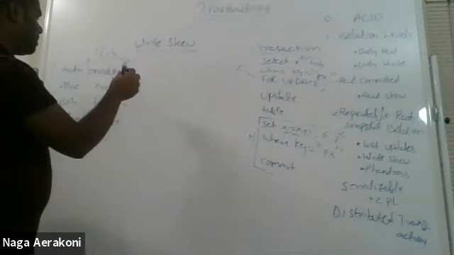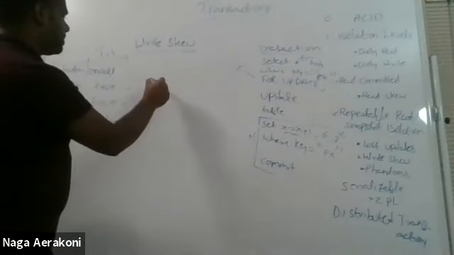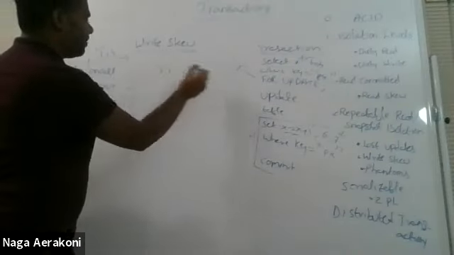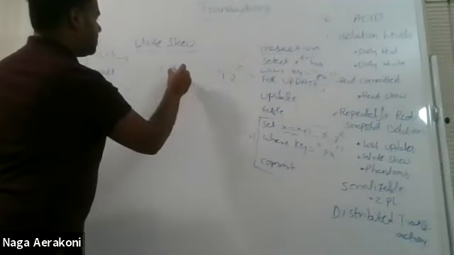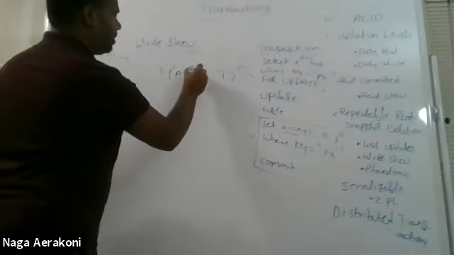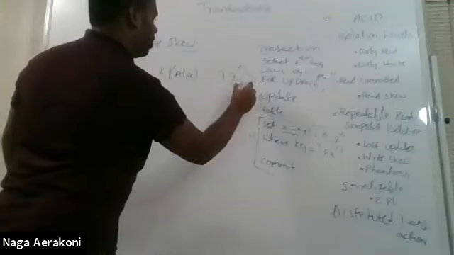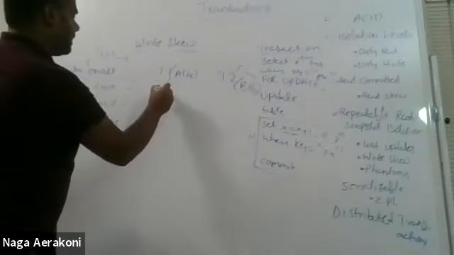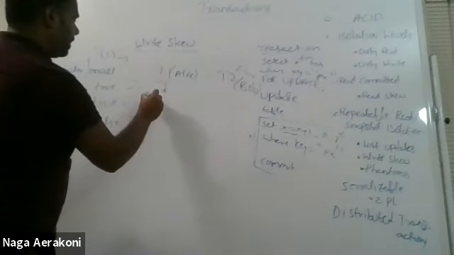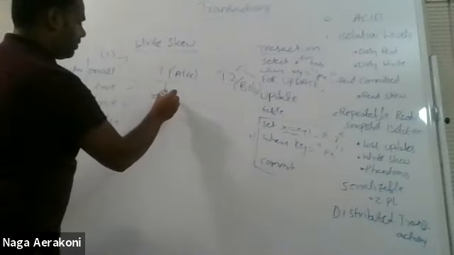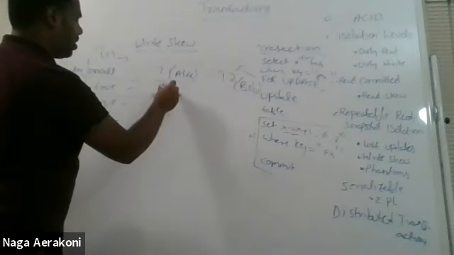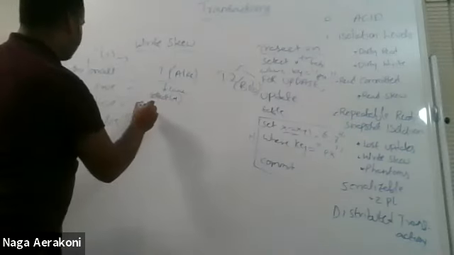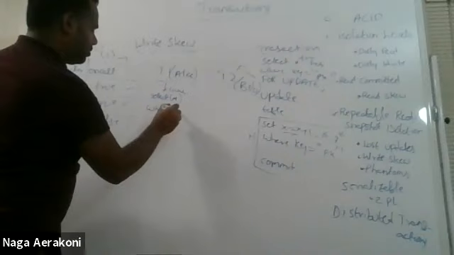So we can have two transactions, one from Alice and one from Bob. When this transaction reads how many people we have, it does select count where on call is equal to true.